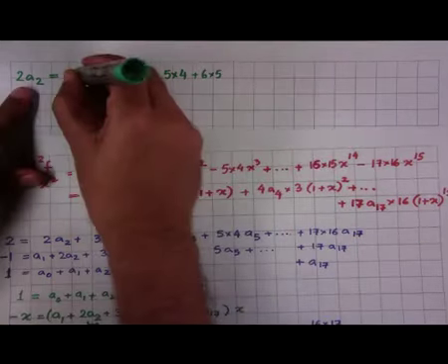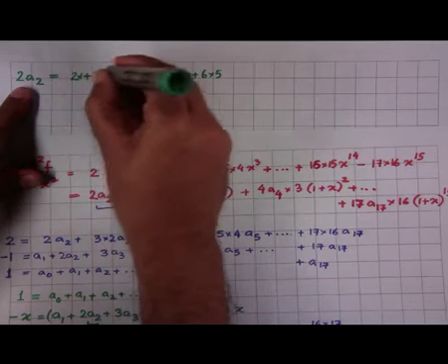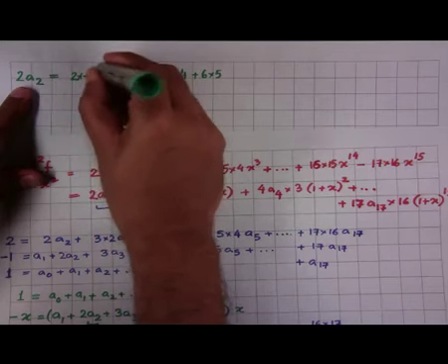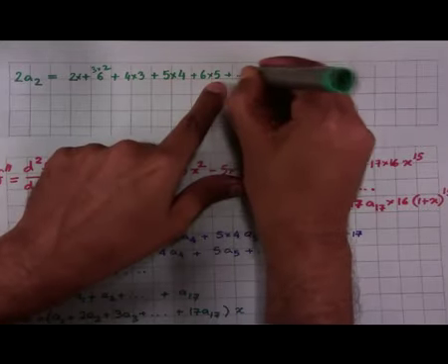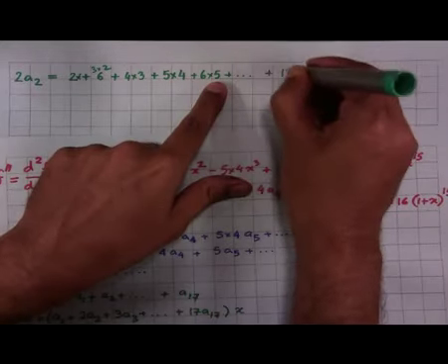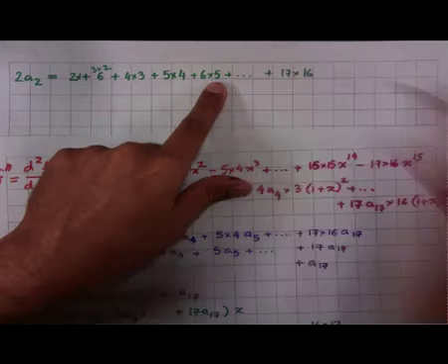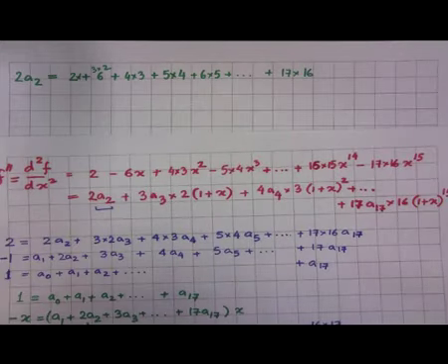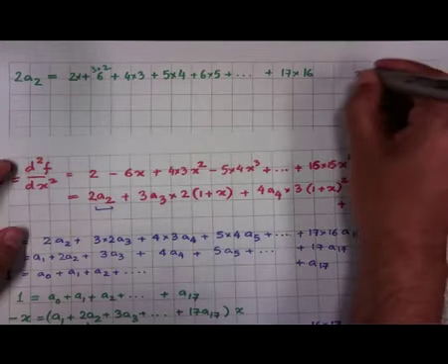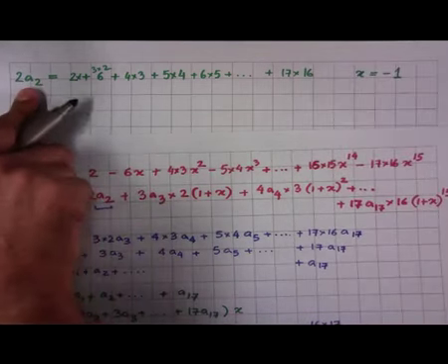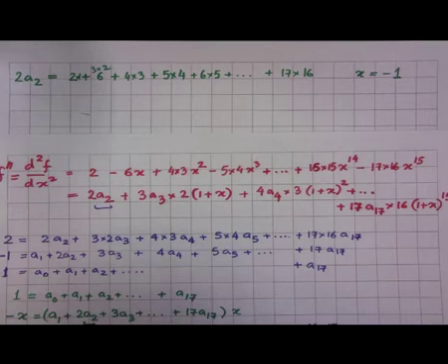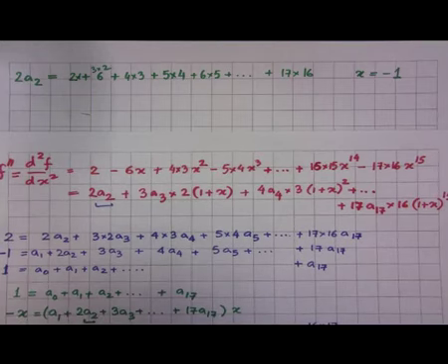So, this was 2 into 1, this was 3 into 2, just noting it. And all I did was plug in x equal to minus 1 and I got a2 straight away. So, you see the advantage of doing it this way.